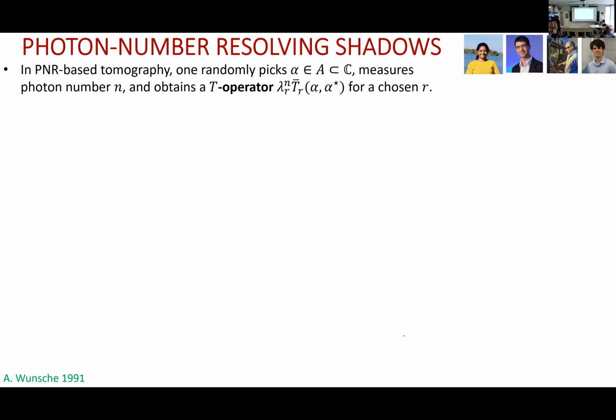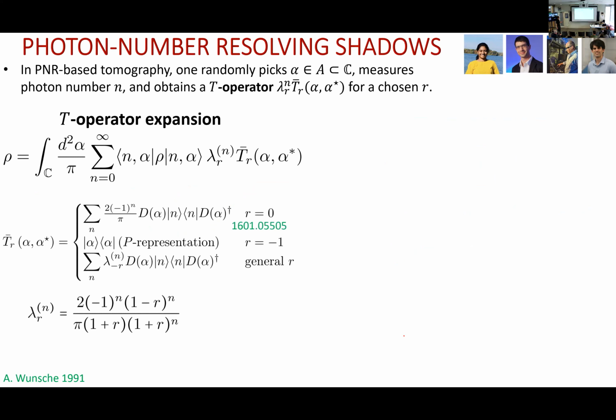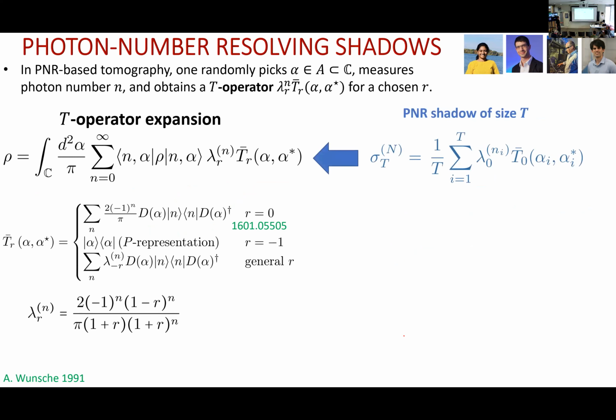Okay, and there's another instance here. If we have photon number resolving detectors, you can also have an expansion like this. This is a generalized version of the P representation. This representation is parameterized by R, something that goes, I think, from 1 to -1.